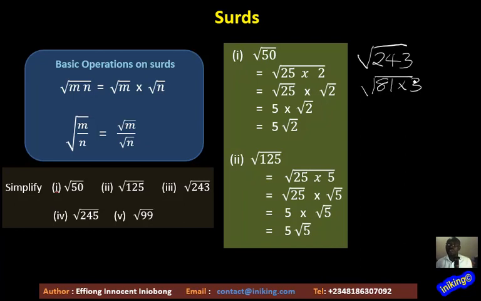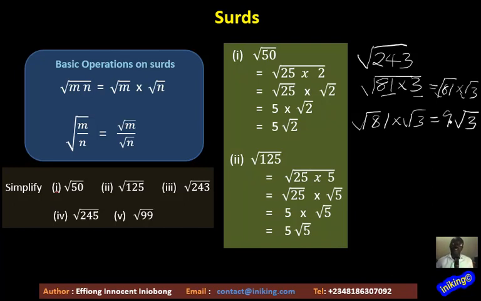And of course, I've been able to split it into two parts where I can find the square root of one and I can find the square root of the other. So I will not have committed any offense if I say this is the square root of 81 times the square root of 3. And you agree that the square root of 81 is 9. Square root of 3 remains that. So I say, okay, this is 9 times root of 3, which gives me 9 root 3.